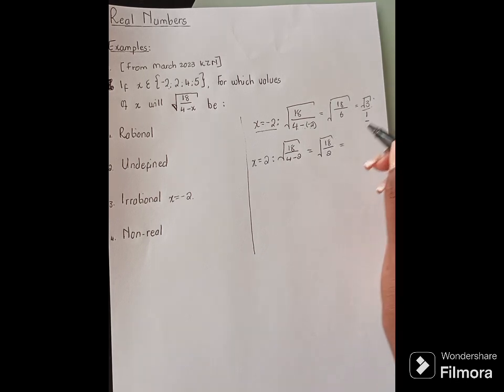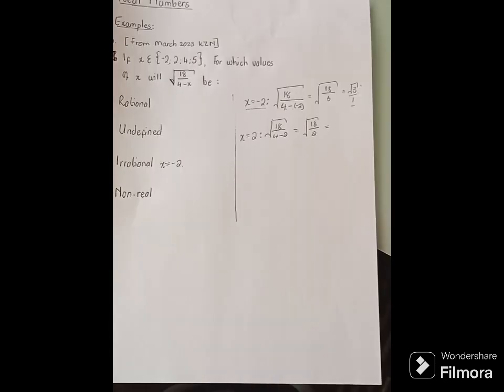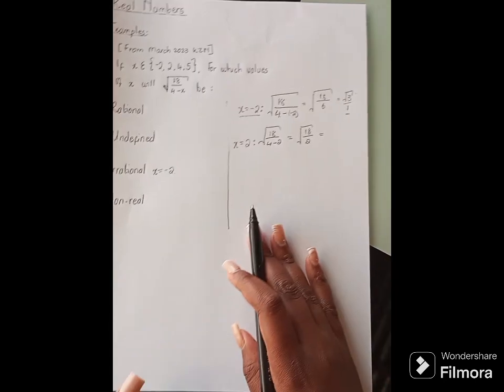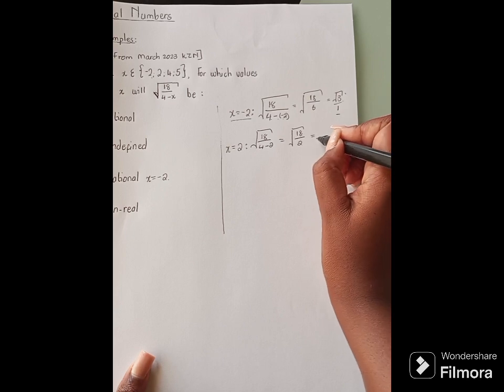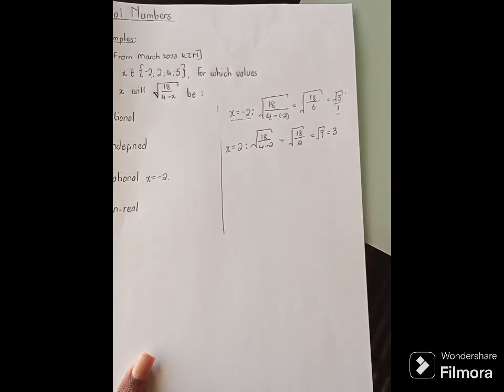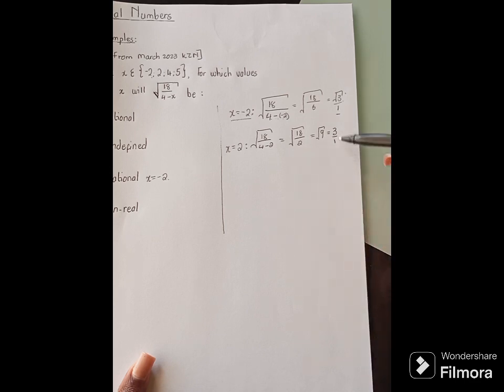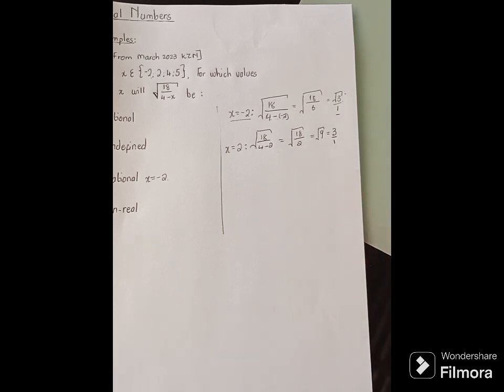And then 18 divided by 2 gives us 9, which means we're going to have the square root of 9. And we know that the square root of 9 is 3. And then we know that 3 can be written as 3 over 1. So it can be written as a fraction, right? That's condition number 1 satisfied.